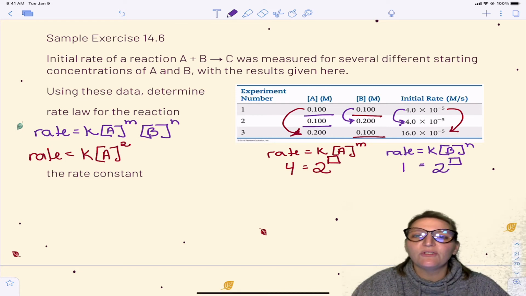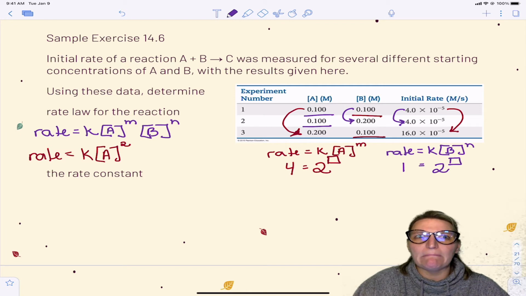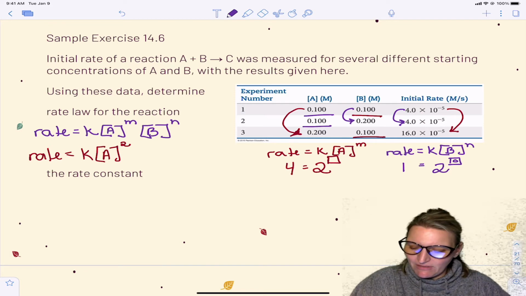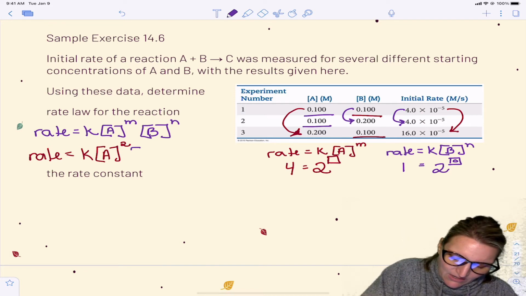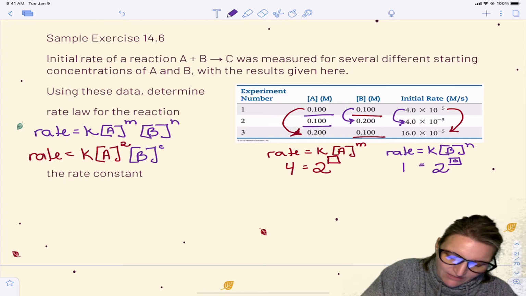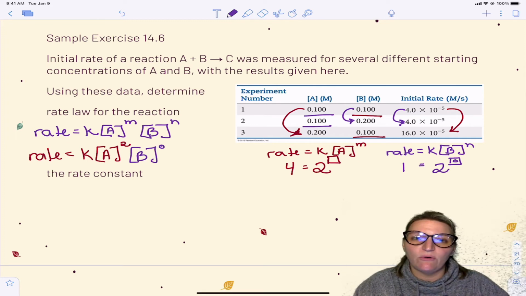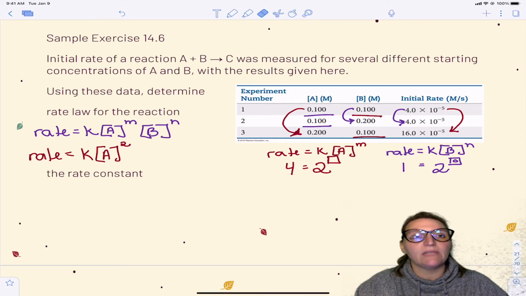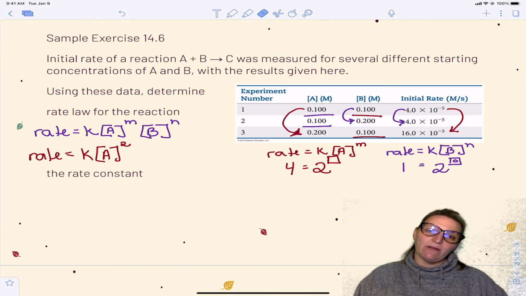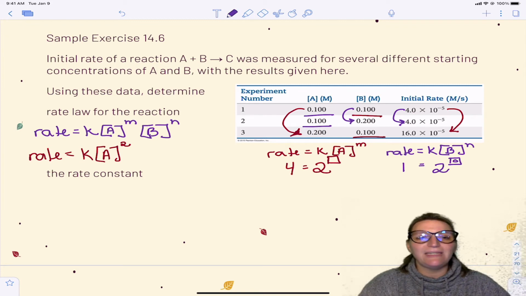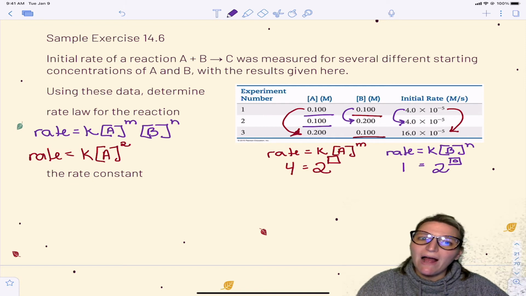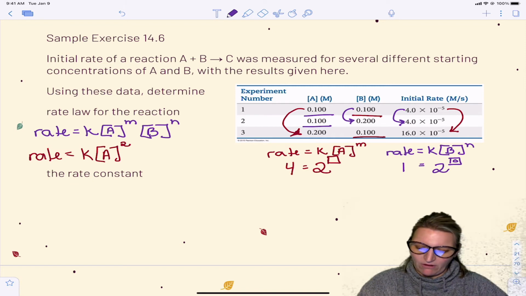So then 2 to what power is 1? That's 0, right? Anything to the 0 power is equal to 1. So that must mean that this would be the concentration of B raised to the 0 power. But honestly, we don't even write that into the rate law. So we just say the rate equals K times the concentration of A squared. What that means is that the concentration of B does not factor into the initial rate. We'll look at why that could be a little later on.